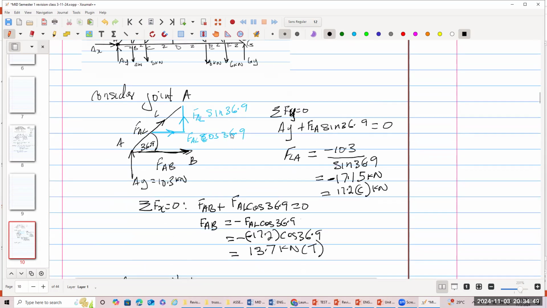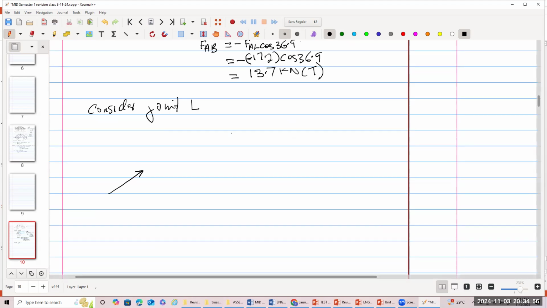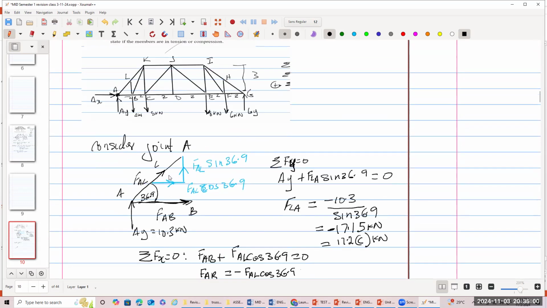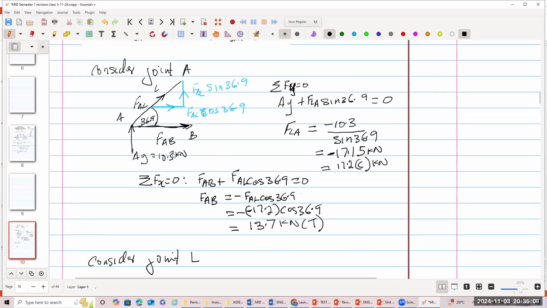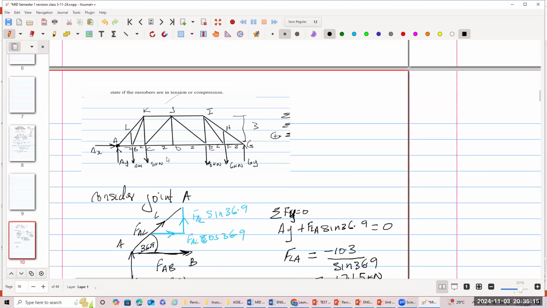Now we know that this is in compression and it's going into the joint, so we're going to make it positive because it's going into the joint. We're not going to put it in tension. We're going to assume that it is positive going into the joint, which is correct.